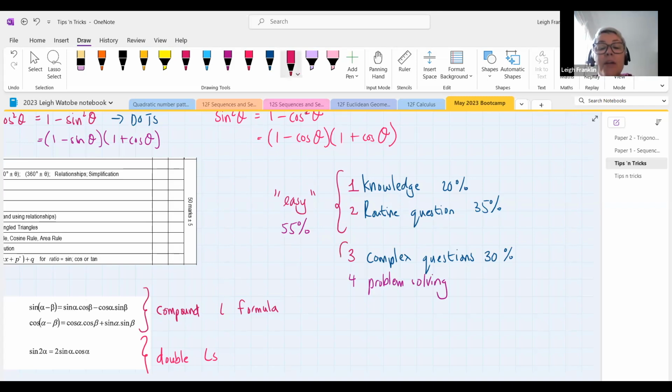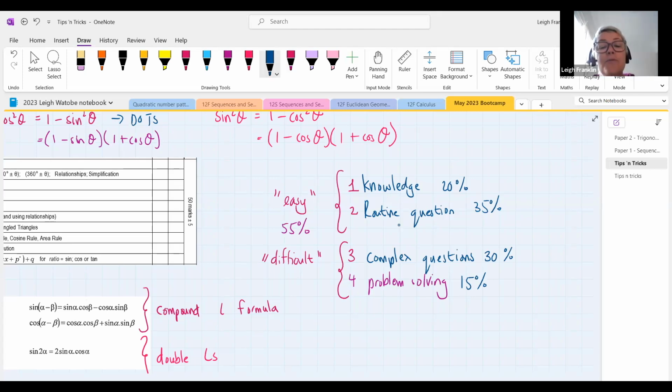It is application of our basic information, and sometimes we have to work across more than one area. So we might have to use trig, for example, in analytical geometry, or we might have to think out of the box, etc., etc. No clear place where to start. That's 15% of your paper. So you know how much your June exam is going to be out of.